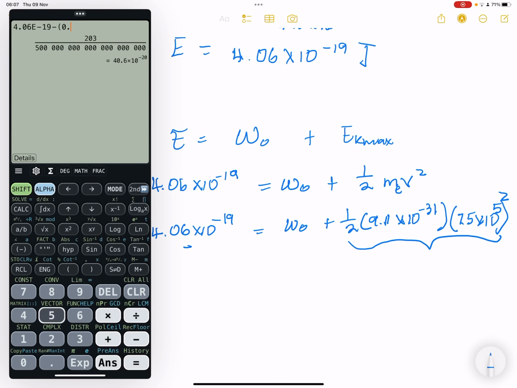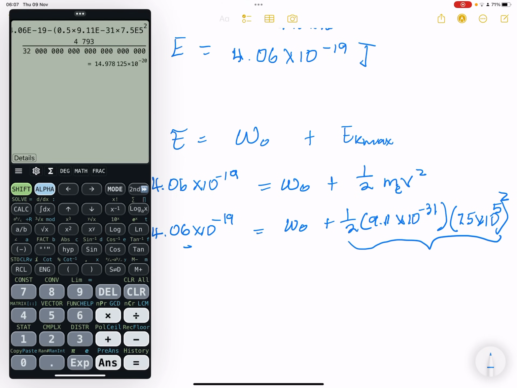That's 0.5 times 9.11 exponent negative 31 times 7.5 exponent 5, sorry, that's not minus, it's exponent 5, and we square that.